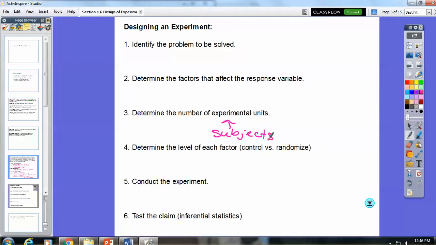You know, most of the time we talk about, is it feasible to do your experiment on everybody in the population? Not usually. So remember, if I just described my result, that's descriptive statistics. If I want to draw some conclusion and apply it to a bigger group, that's inferential. And that's our main goal, is to get some good data that we could extend to a larger population at the end.